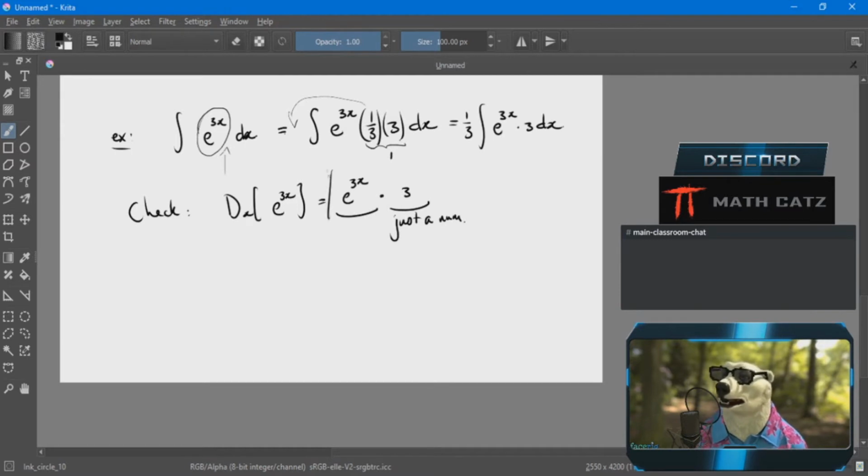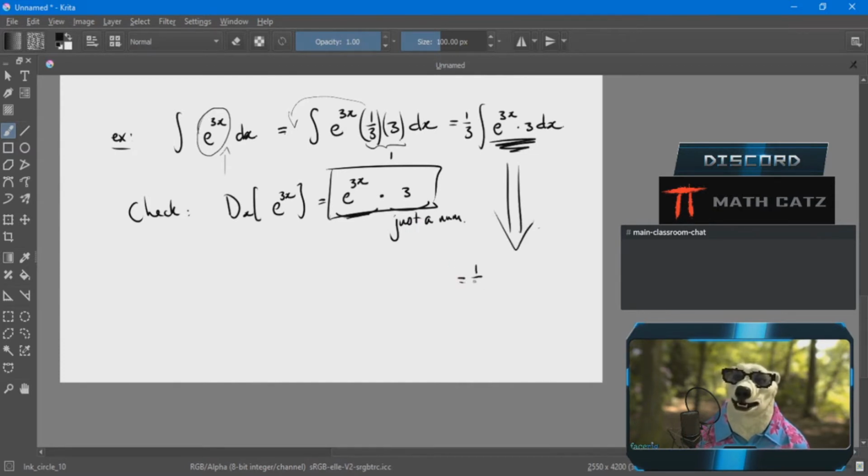Then you see here in the box, my target has two parts. It's perfect. And my answer is then the 1/3 was sort of the price I had to pay to make my target look more like the chain rule's result would look.